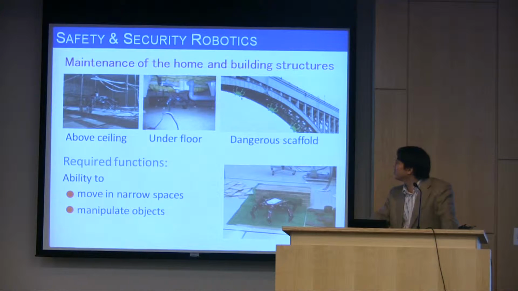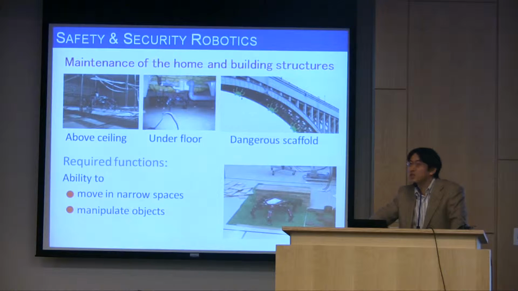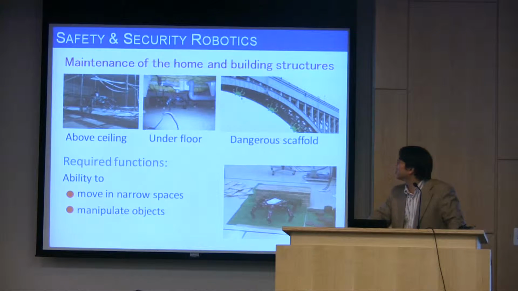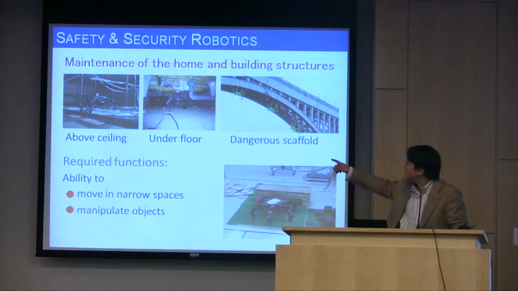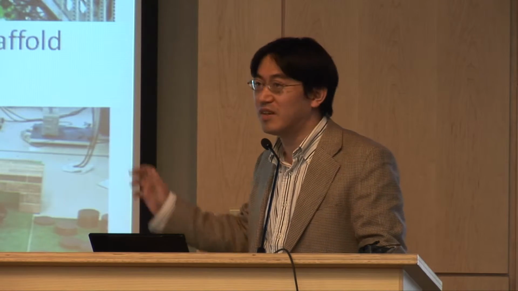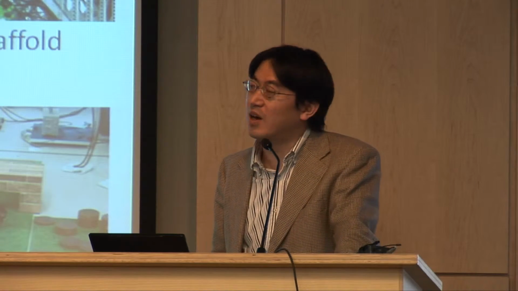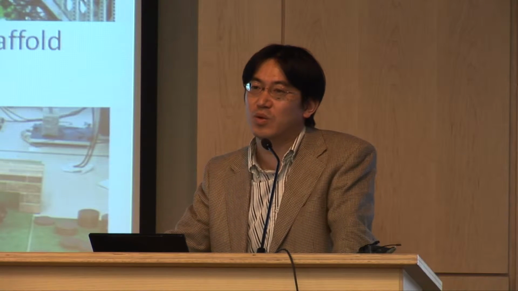First, this robot. The application is maintenance of homes and building structures. In maintenance, there are very narrow spaces above the ceiling or under the floor, and a human worker cannot work in such a narrow space.